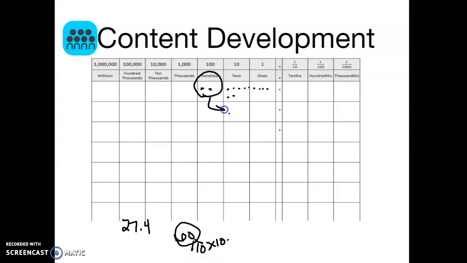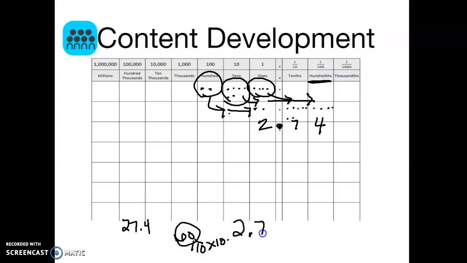So 1, 2, and that 2 comes here. Same thing is going to work with this one: 1, 2, so 1, 2, 3, 4, 5, 6, 7. And same thing here: 1, 2, 3, 4. So now we have 2 and 74 hundredths. When we divided by 10, we had 27 and 4 tenths. Now we have 2 and 74 hundredths.